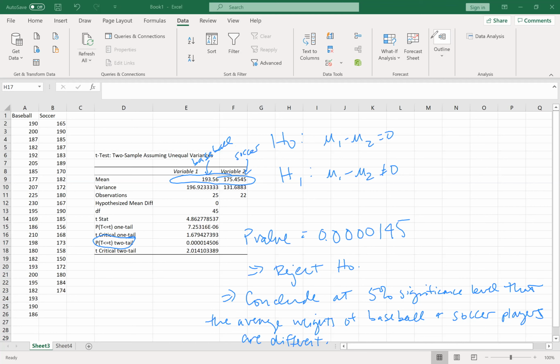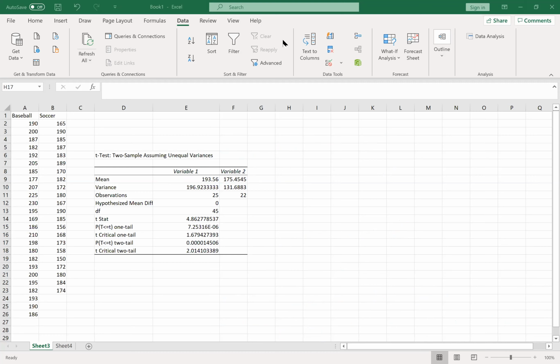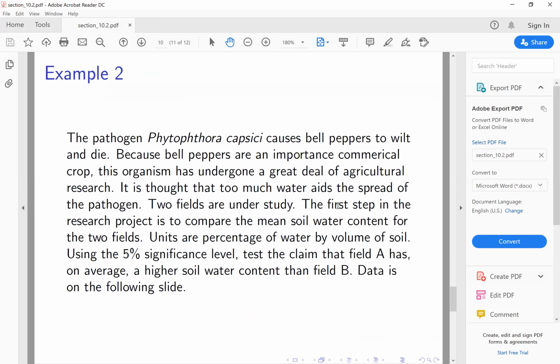All right, so let's look at another example now. Let's go back to our slides. We're studying a pathogen for bell peppers, and we think that somehow the water level in the soil affects it.